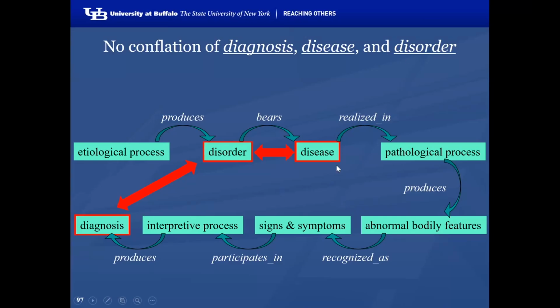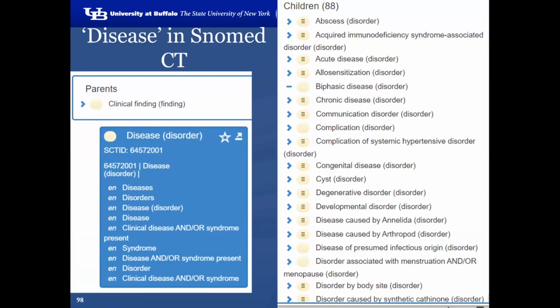So diseases are distinct from disorders. Diseases are dispositions. Disorders are material entities, and diagnoses are representations, so generically dependent continuants. And either way, diagnoses, they are about disorders. They can be about the wrong disorder type, right? But they are nevertheless about something.